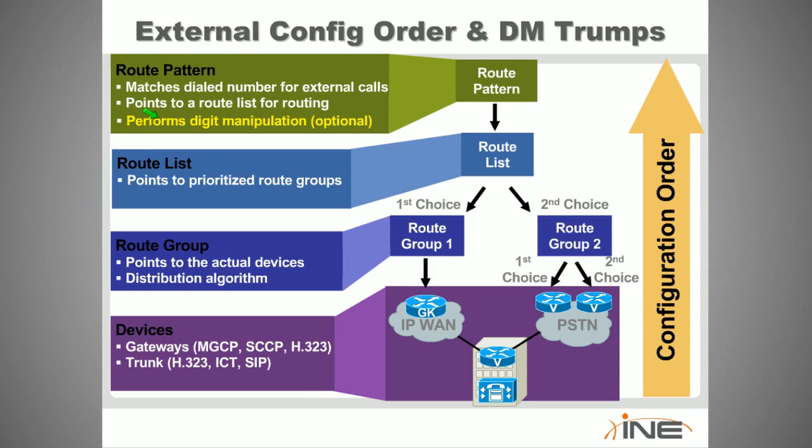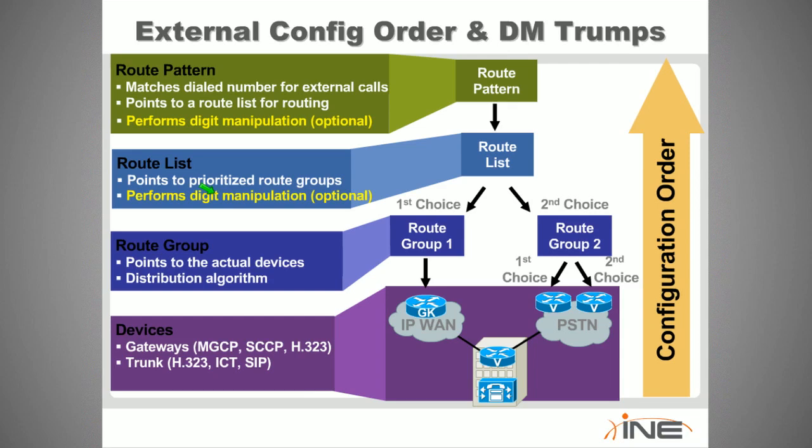We have the ability to perform digit manipulation at the route pattern. We also have the possibility, optionally, of performing digit manipulation at the route list level. Okay, and actually this should be noted that it is route list details, so it is the route group within the route list.